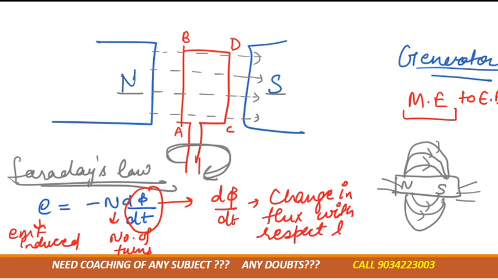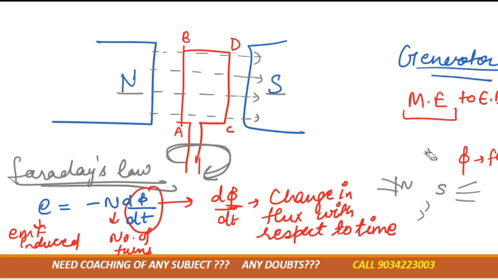Phi is the flux. And what is flux? Flux is the field lines. So phi is the flux, and flux is the field lines, meaning change in field lines with respect to time.